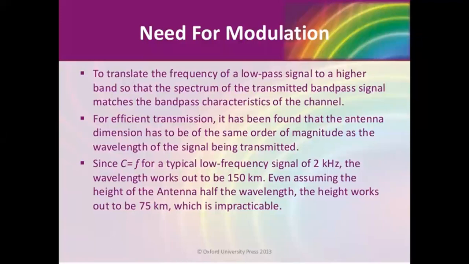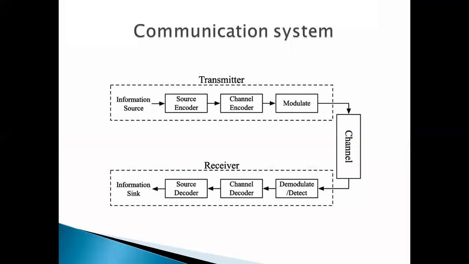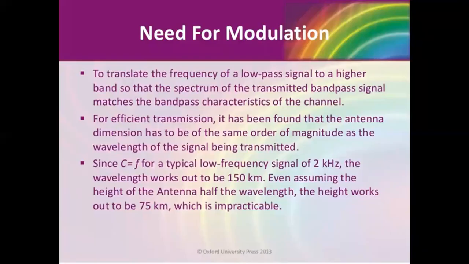Why do we go for modulation? As we said in the previous class, in order to transmit a signal for a longer distance, we require modulation. In modulation, a signal called a carrier is used to carry the information.